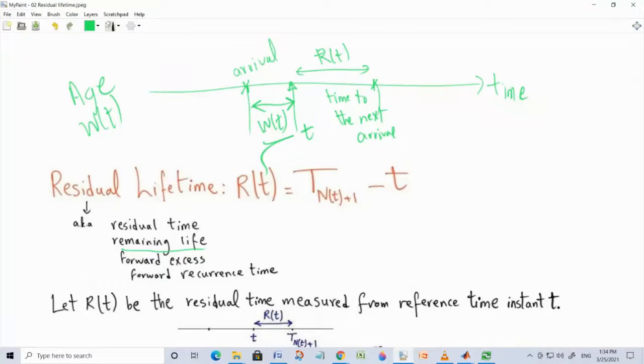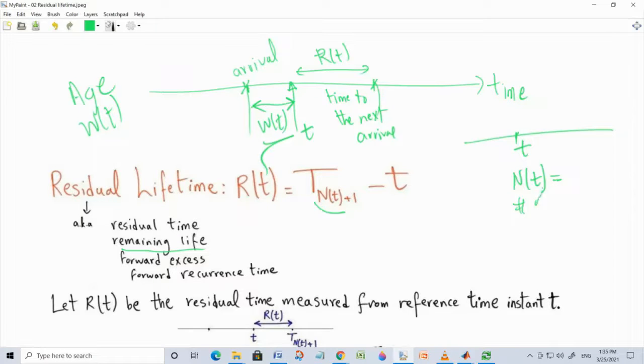Okay, so the residual time, again, it's R of t. You must specify a t. You must give me a t. T can be equal to 10 seconds, 10 years, 10 minutes, any time, any point on the time axis. And we ask ourselves, okay, what is basically T of N of t plus 1? So at time t, there is a number of arrivals in the system.